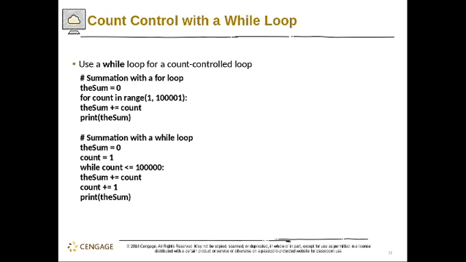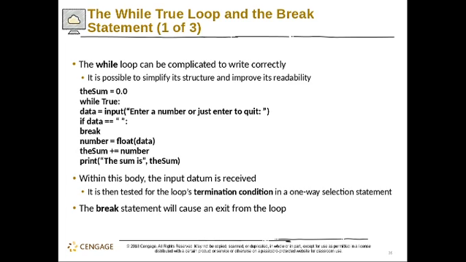So for a count controlled loop, you have while the count is less than or equal to 1 million. It will continuously count until you reach 1 million.